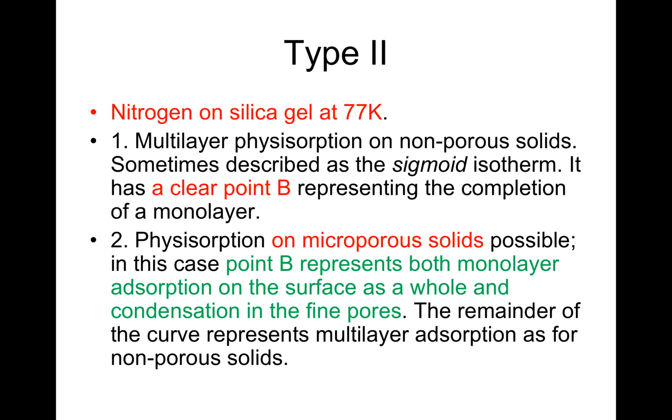Physisorption on microporous solids is possible. In this case, point B represents both monolayer adsorption on the surface as a whole and condensation in the fine pores. The remainder of the curve represents multilayer adsorption as for non-porous solids.